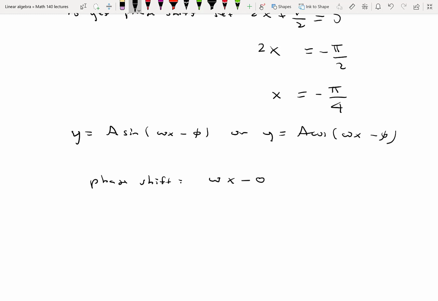The phase shift is a fancy way of saying a new starting point for our graph. So set omega x minus phi equal to 0, add phi to both sides, so x equals phi over omega. That is the formula for the phase shift.